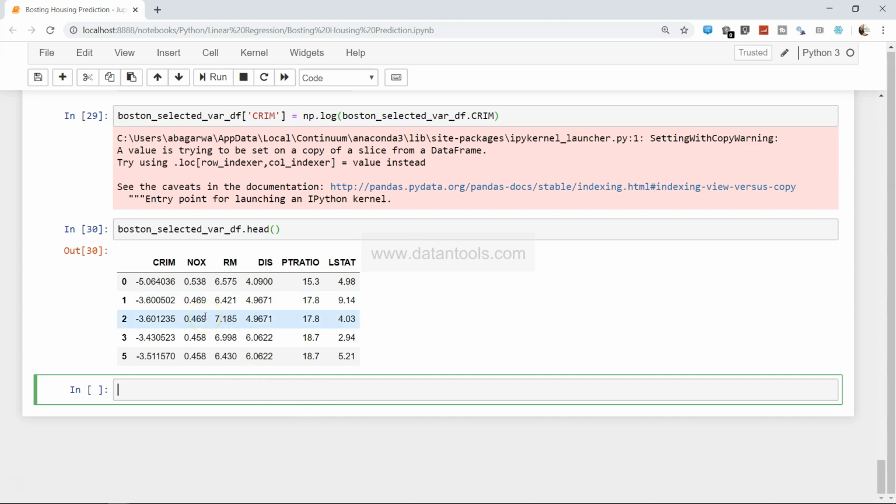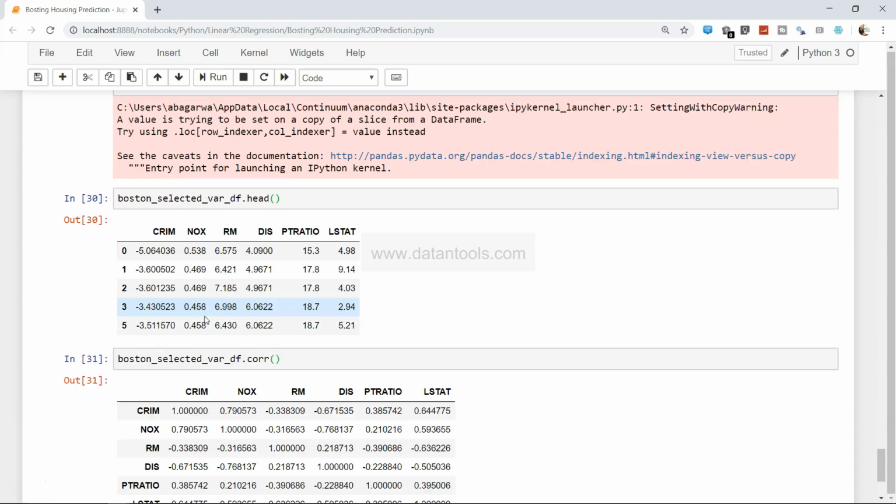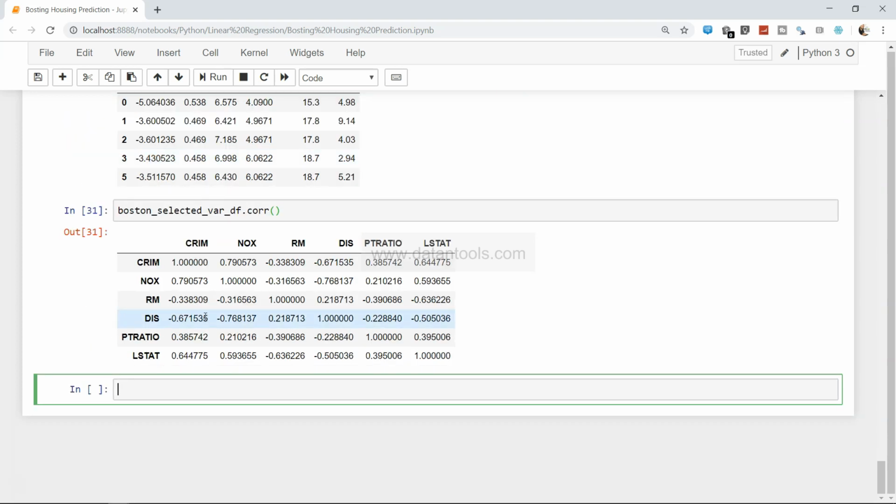I can go ahead and figure out the correlation using the corr method. And this is our correlation. So with the same variable it will be a perfect correlation, but if you see CRIM and NOx, it has some positive correlation. With room it has negative correlation. With DIS it's some positive correlation that is present. So over here DIS and NOx has some positive correlation.